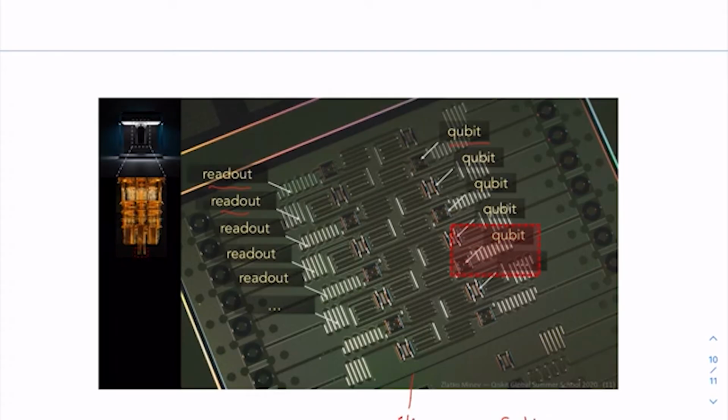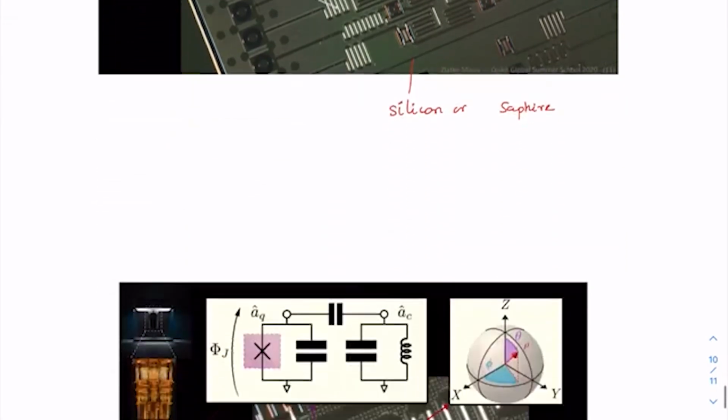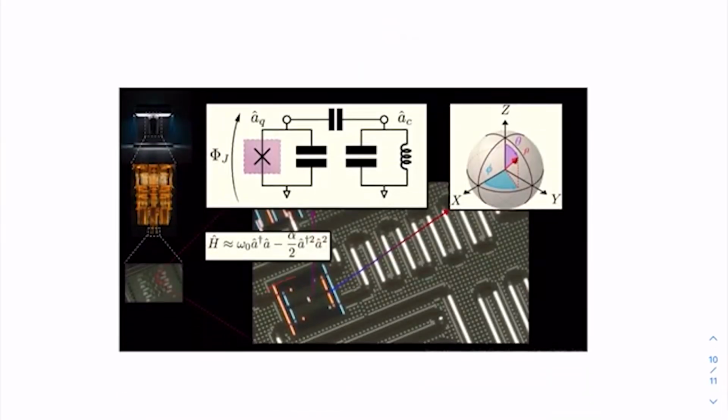In fact, if we zoom in on a particular qubit like this, we shall encounter some other structures. Just like here, we encounter a structure of this type, and you may recognize that it consists of two superconductors separated by an insulating layer. So that's a Josephson junction, and this is the one that supports the physical picture represented by this Bloch sphere.